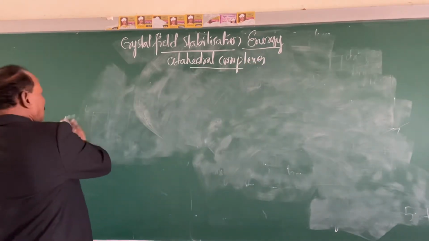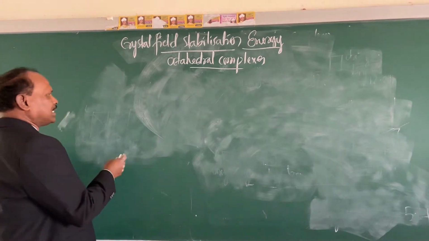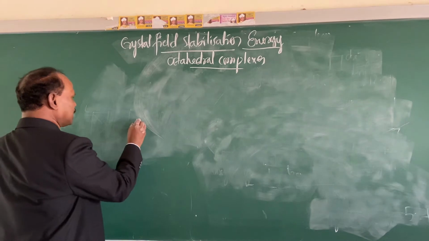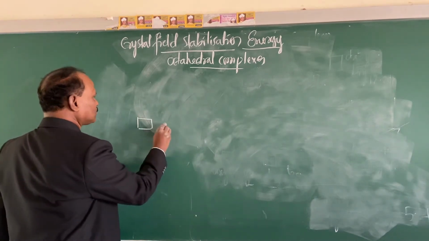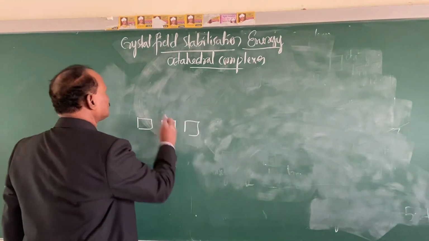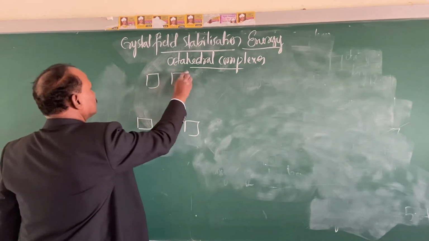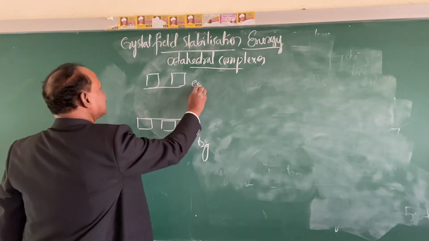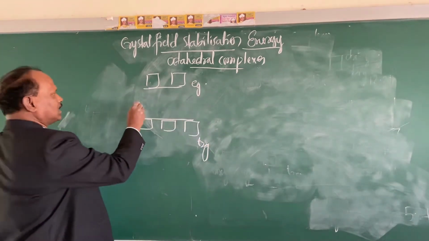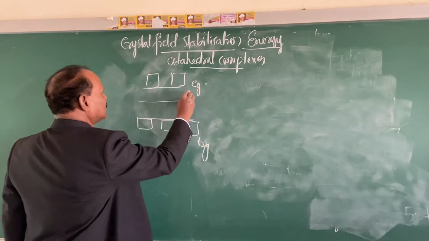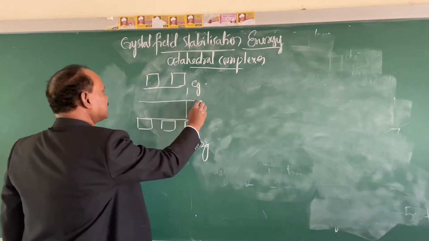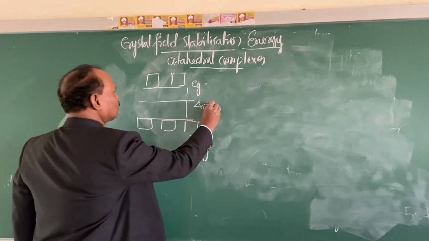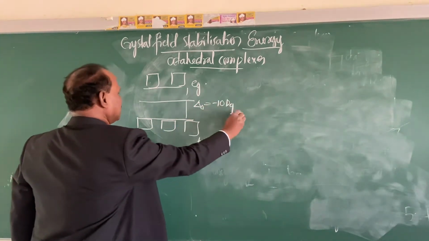Right. Now I write the splitting in case of the octahedral complexes. First, they split like this. These are t2g orbitals and these are eg orbitals, and this is the barycenter. The distance between these two is the crystal field splitting energy, which is equal to 10 Dq.